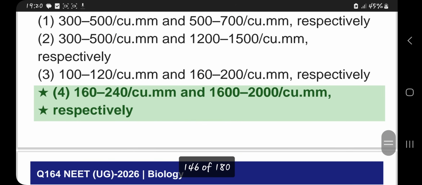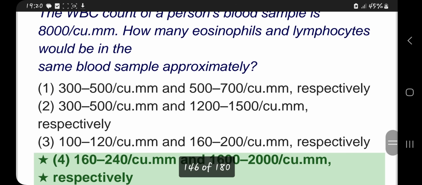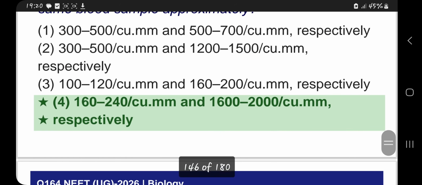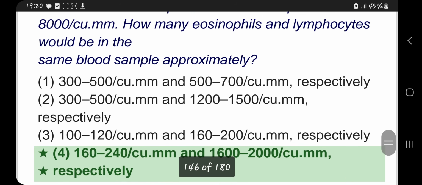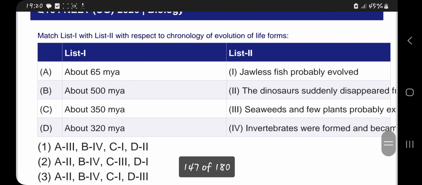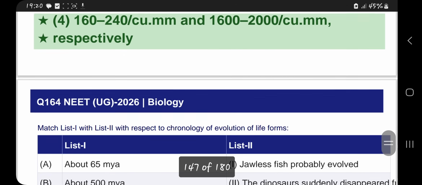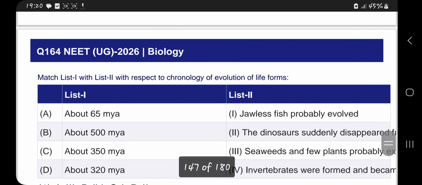Let us see the option. 160 to 240 cubic millimeter and 1600 to 2000 cubic millimeter respectively. Eosinophils will be 160 to 240 per cubic millimeter of the 8000 cubic millimeter of total WBC. 1600 to 2000 would be lymphocytes. So the fourth option is correct. You have to use the percentages given in the textbook. It's like a numerical problem, so you have to use simple maths to calculate it.